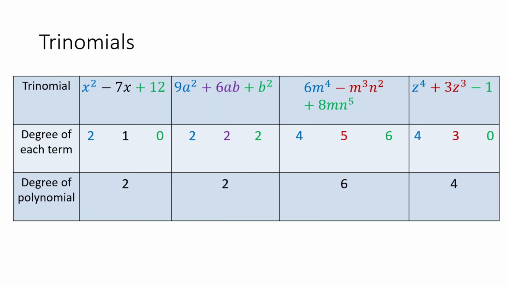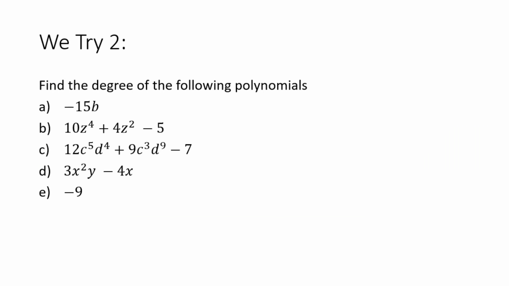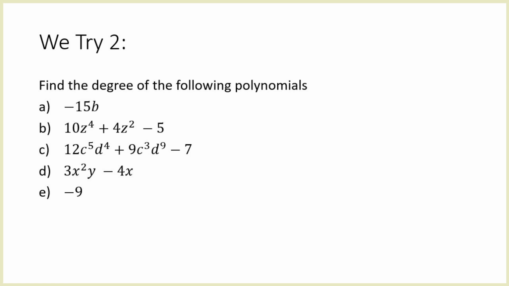Now we can do the same thing with trinomials. And once again, we can find the degree of each term, and then we can find the degree of the total polynomial. So let's try this. Find the degree of the following polynomials. For letter A, I have negative 15b. This has a hidden 1, so it has a degree of 1.